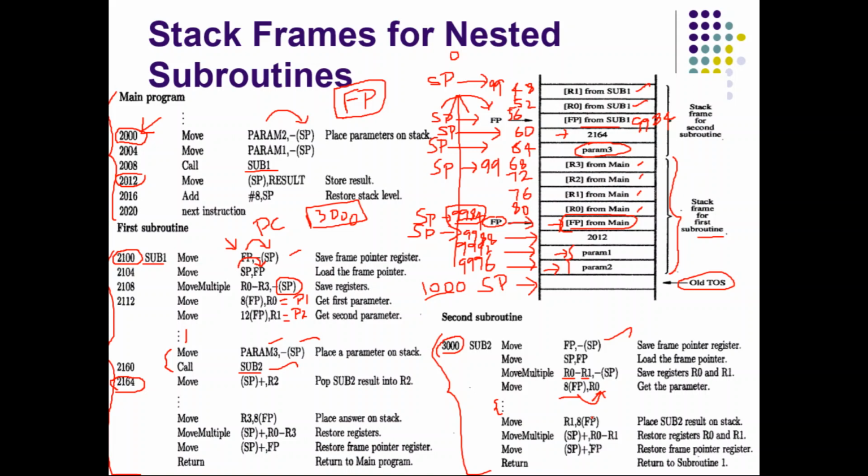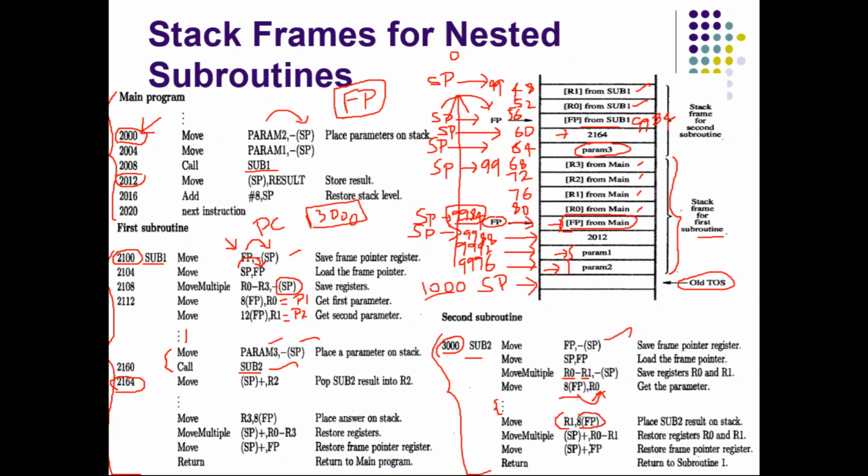Subroutine 2 is called for some purpose, and its result is available in the register R1.